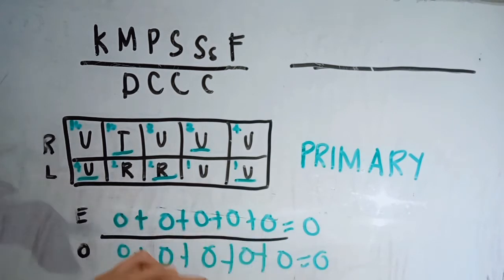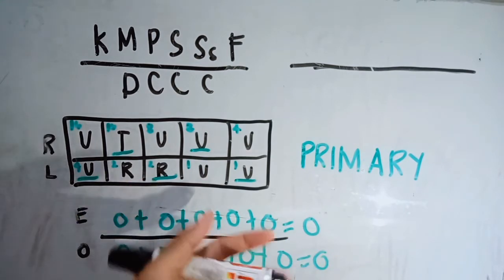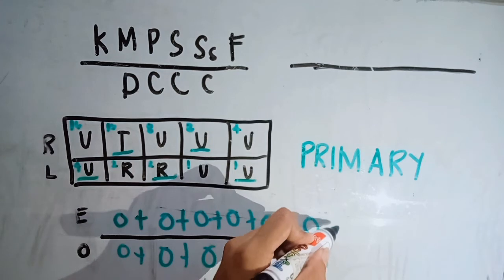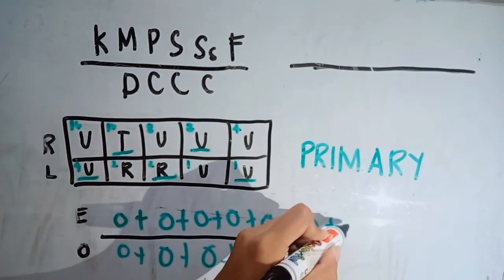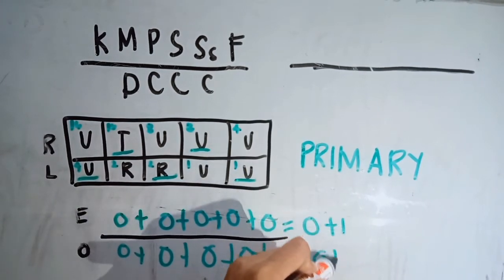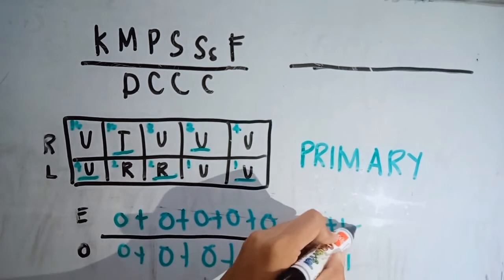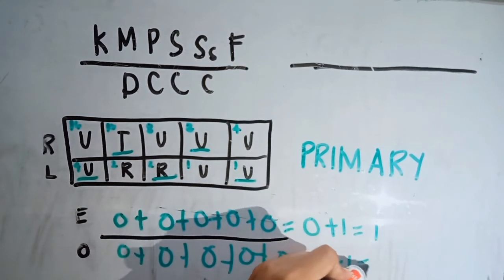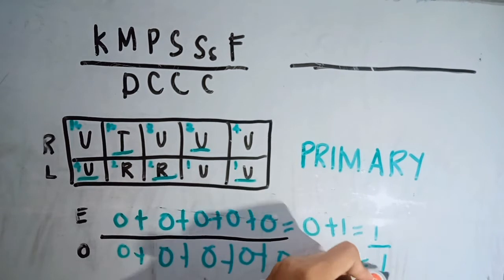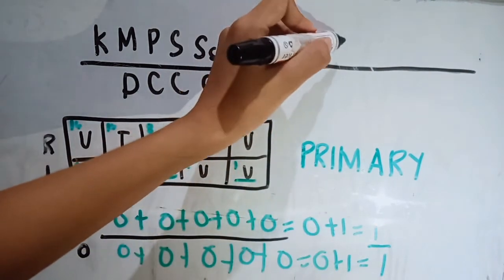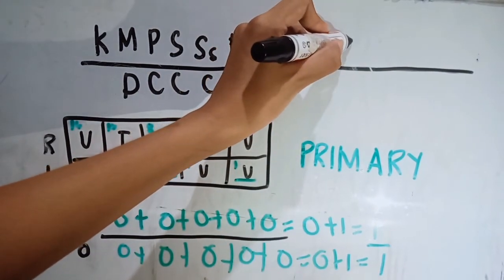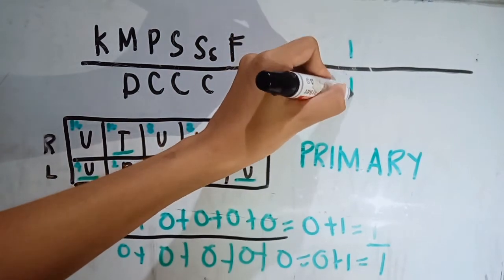In order not to make it 0, the sum total should be added by the constant number 1. So 1 over 1. The primary classification is 1 over 1.